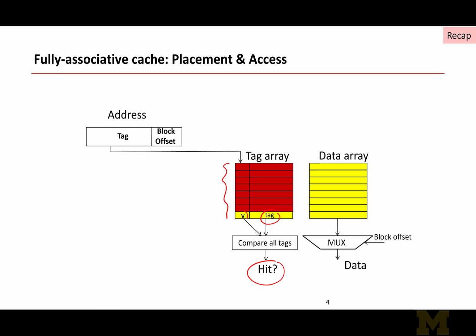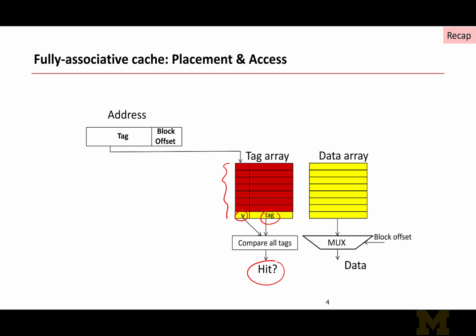And it is also important that when the tag matches, the valid bit corresponding to that cache line is set, because we don't want to be accessing an invalid cache line which has been evicted before, or maybe we are just starting off the program, so the valid bit is not set. So the most important thing here to understand is the given tag is compared to all the tags in the tag array.